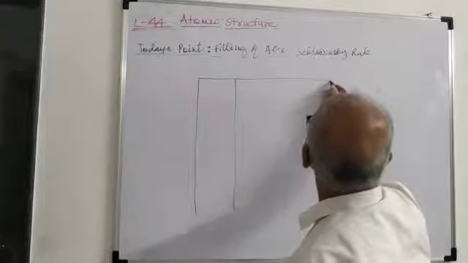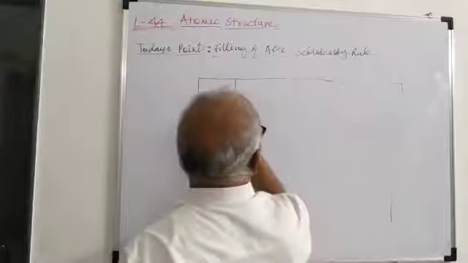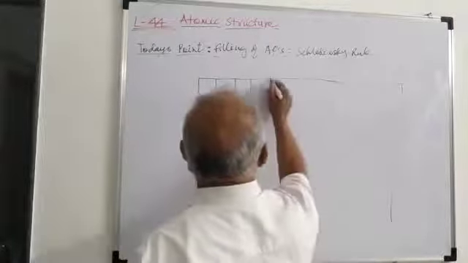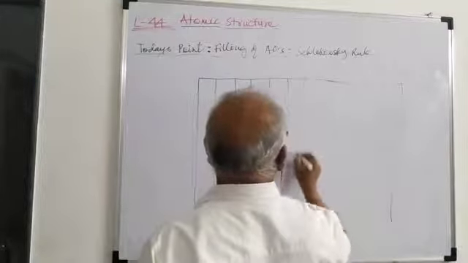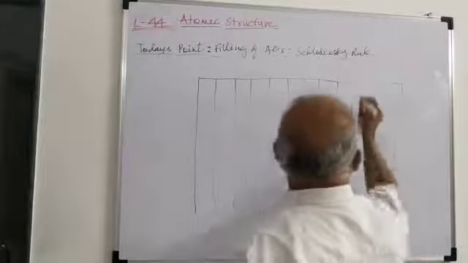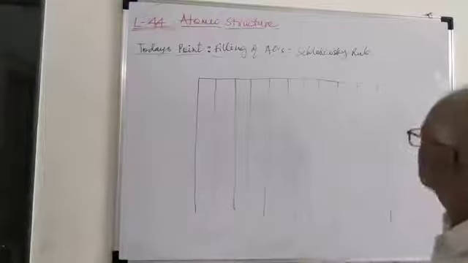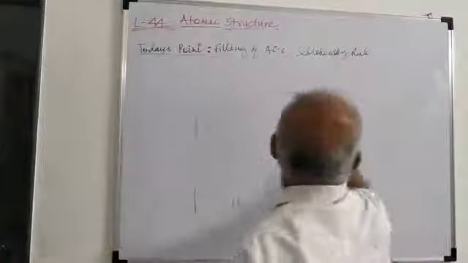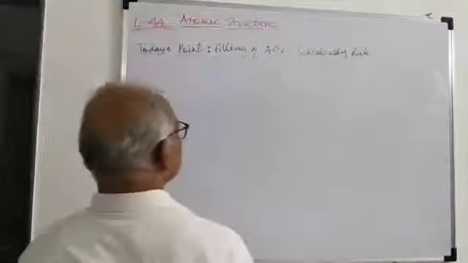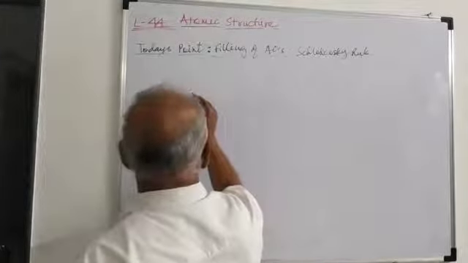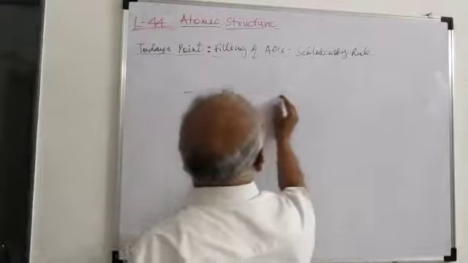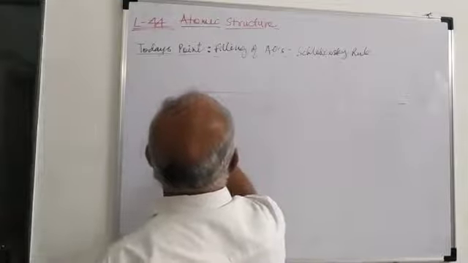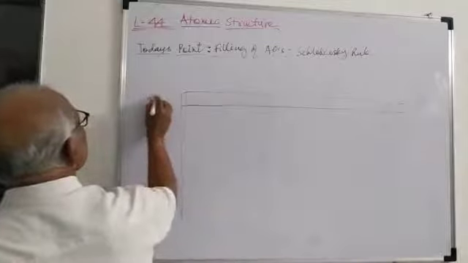We will take this in a rectangular form, and here we will distribute these orbitals into n equal to 1 up to 7.